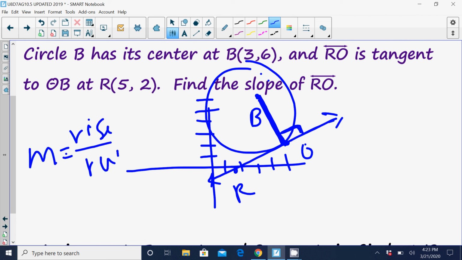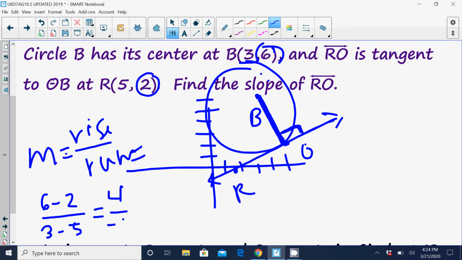We've talked about the yummies on the picnic table. From there, what would be our rise going from point B to that point O? Comparing the y coordinates, it would be 6 minus 2 over, then my x coordinates would be 3 minus 5. 6 minus 2 gives me 4, 3 minus 5 gives me a negative 2, so my slope here is negative 2.